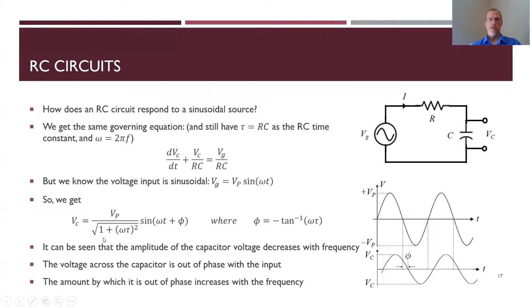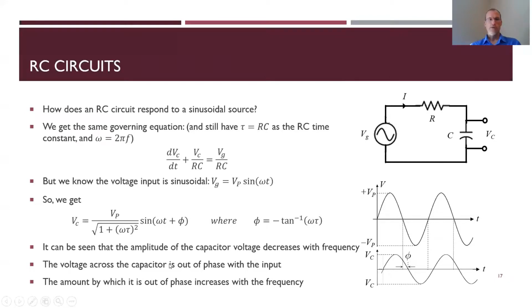So my voltage in my capacitor is slightly lower, or maybe a lot lower, depending on circumstances, than the voltage being provided by the power source. Then there's also this phase shift, again depending on the frequency and the value of the time constant, or the value of the resistance and the capacitance.